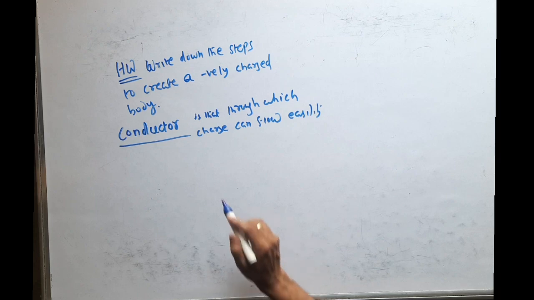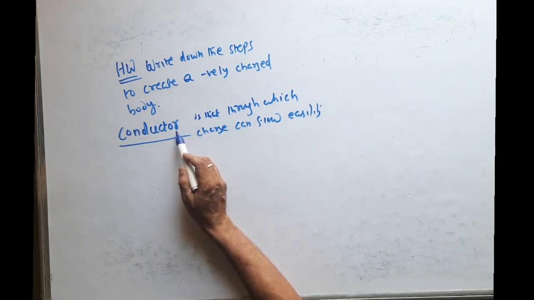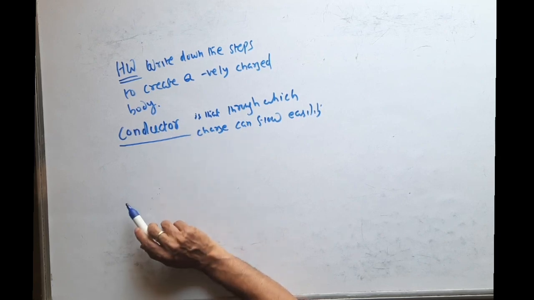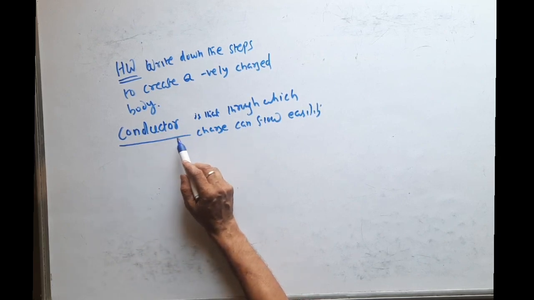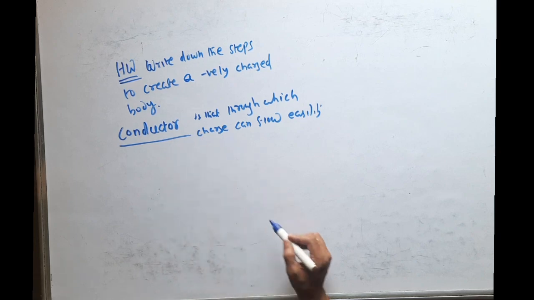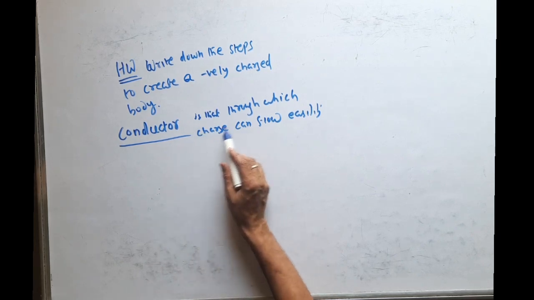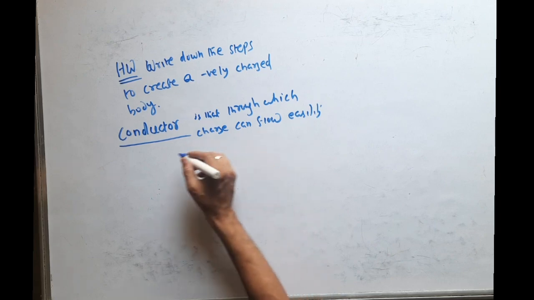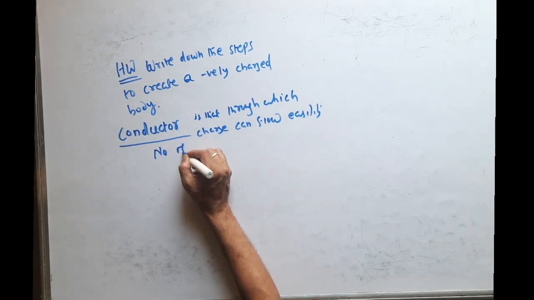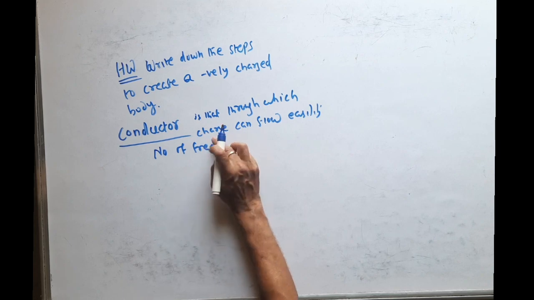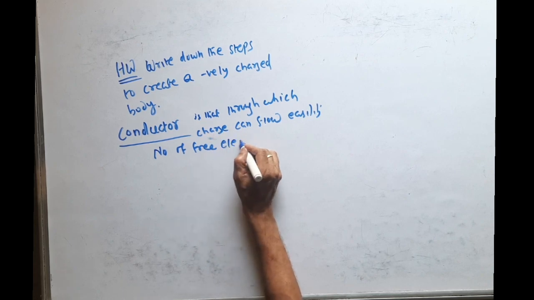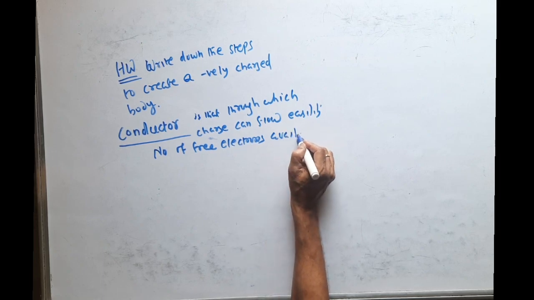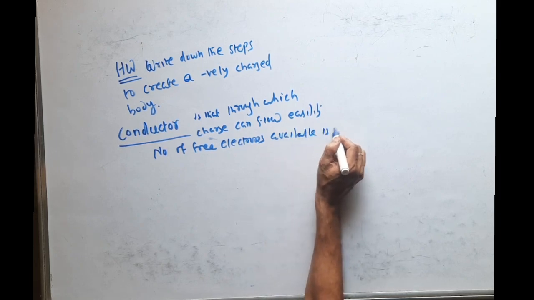A bus conductor will conduct passengers. A thermal conductor will conduct heat energy. An electrical conductor will conduct what? Electrons. Electron is which particle? A charge particle. So a conductor is that through which charge can flow easily. So what is the characteristic of the conductor? The number of free electrons available is more.